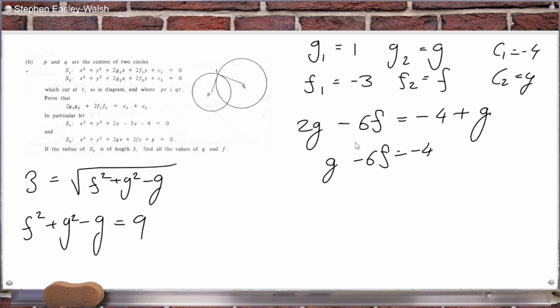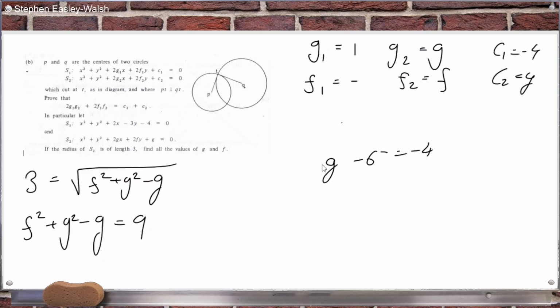Now let's double check this equation. G1 is 1 and G2 is G, and F1 is minus 3, and oh, it's not minus 3. That's my mistake here.